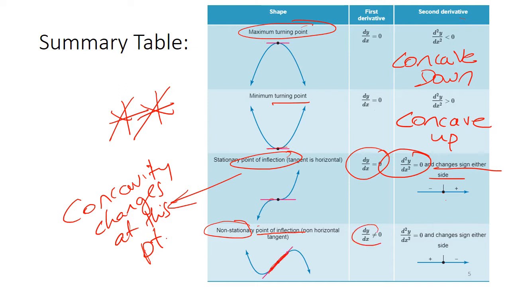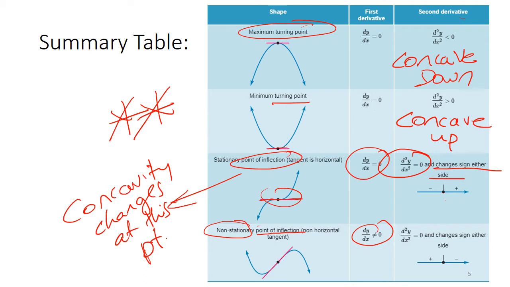So you will see the first derivative does not equal 0, because at this point I don't have a 0 gradient. Compare this one to this one. This one has got a 0 gradient, but this one, no, it's actually a slope. So the first derivative does not equal 0.